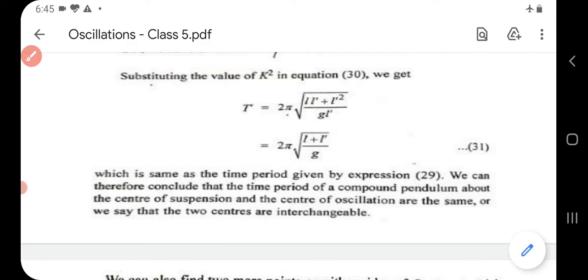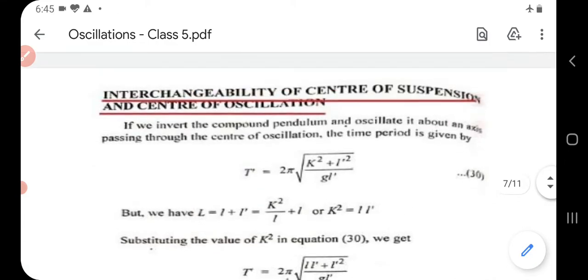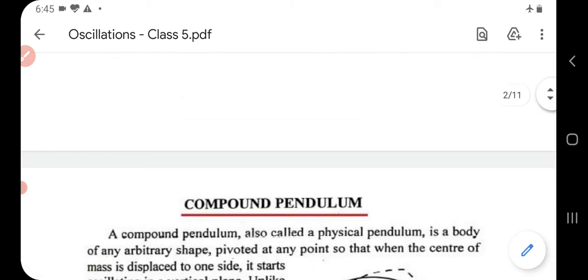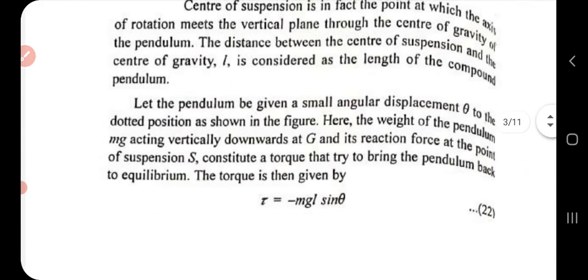So up to this much is your essay question. They will ask you to prove that the center of suspension and center of oscillation are interchangeable. For that, you will have to start from the beginning itself. Sometimes they will ask you to write about the compound pendulum, but most probably they will combine this part also, that is, derive an expression or prove that the center of suspension and center of oscillation are interchangeable.